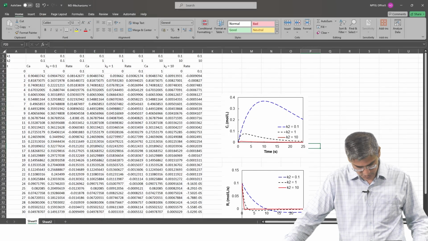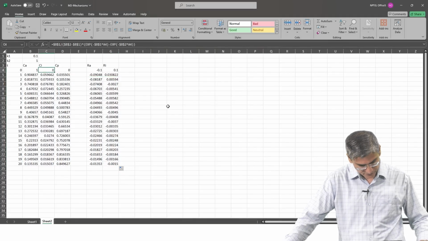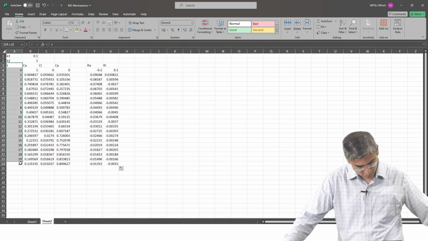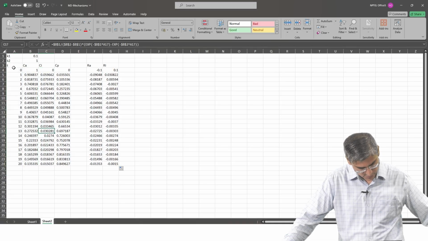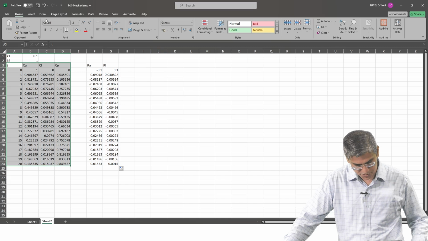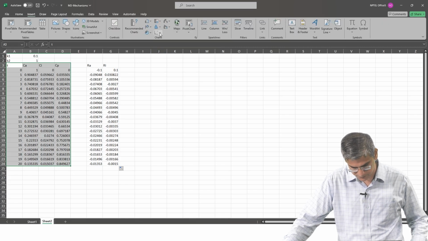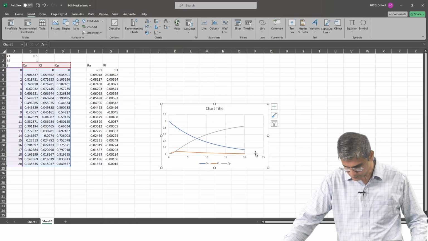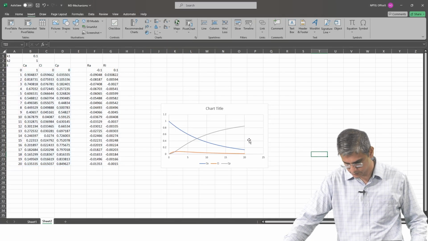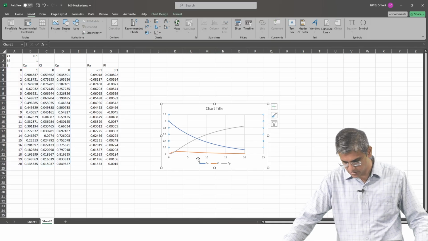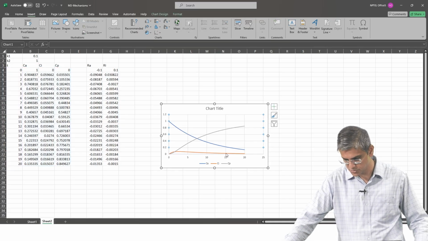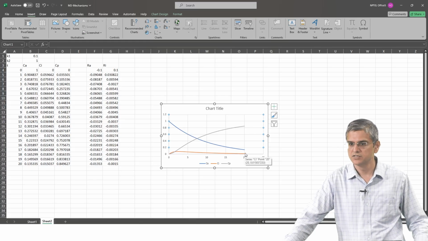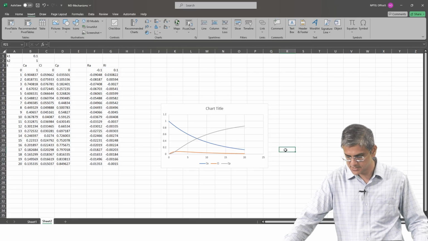So now let us look at what is the concentration of I. Let us plot time versus concentration of all three species. Insert. So as you can see, this is the concentration of I and the concentration of I is very low, because I is an intermediate.